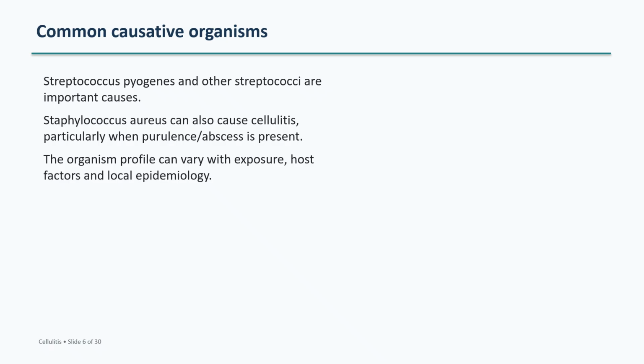The organism profile can vary with exposure, host factors, and local epidemiology. So it means whether the patient will get the disease also depends on the organism profile, meaning how potent and how effective the bacteria is. It also depends on what kind of exposure the patient is having, infectious or bacterial exposure.